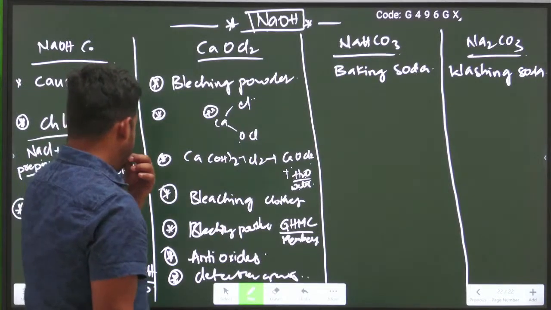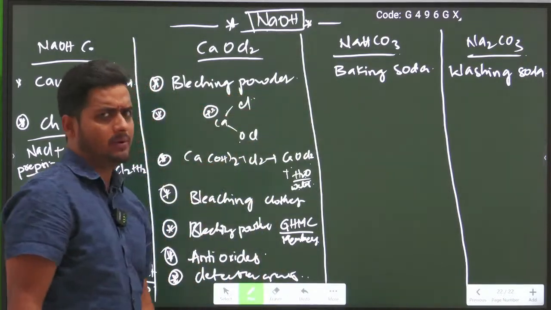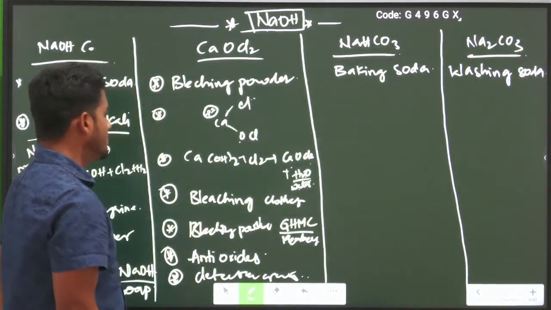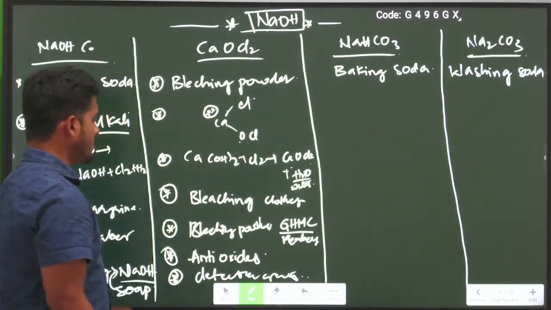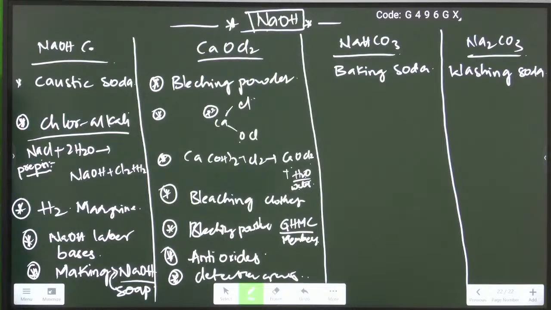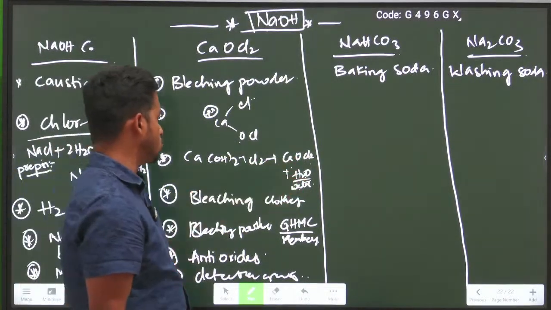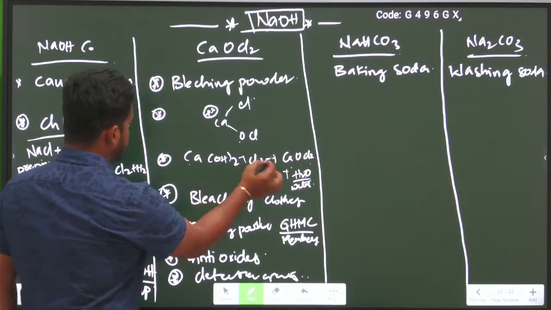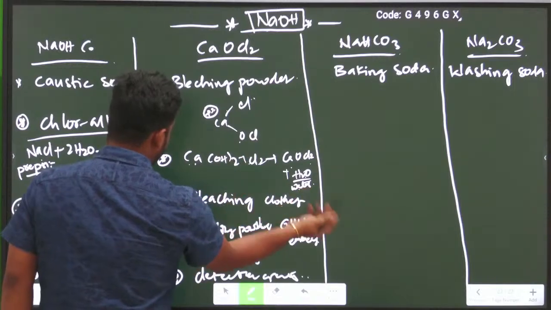Okay. So whereas coming to this bleaching powder, commonly named as bleaching powder means CaOCl, and Ca(OH)2 plus Cl2 gives rise to CaOCl2 plus H2O. CaO plus Cl2, from this one H2O is taken out.